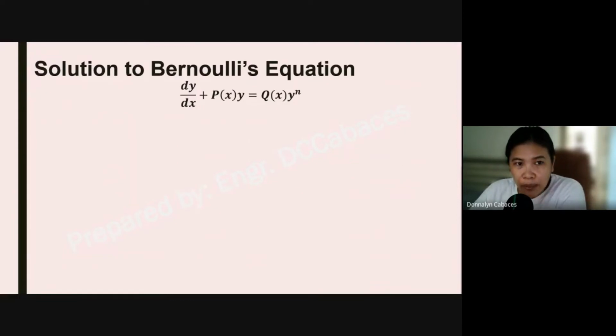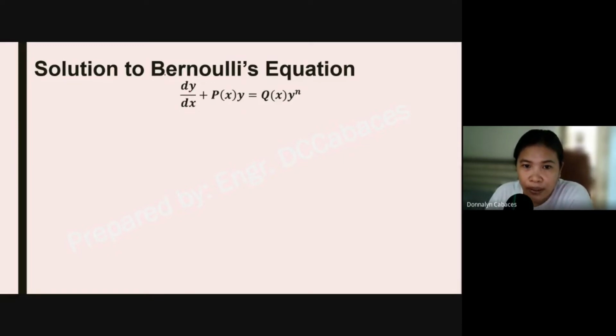Okay? So what will be the solution to Bernoulli equation? The solution is, after identifying that it is a Bernoulli equation, meaning we have put it in this form, the next is to convert this into SLF. Okay? So how do we convert it to SLF?